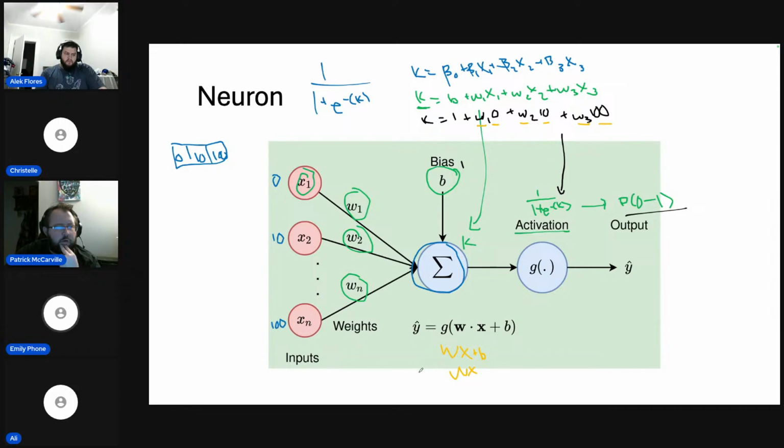This is just a simpler way to write it, and they may or may not have the bias term in there, but the bias term is always there. So it's really w times x plus b that you'll probably see, which is why this g of x is a function that takes w times x plus b.